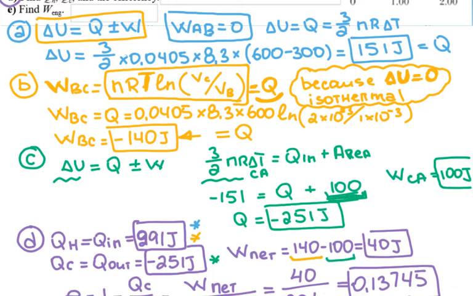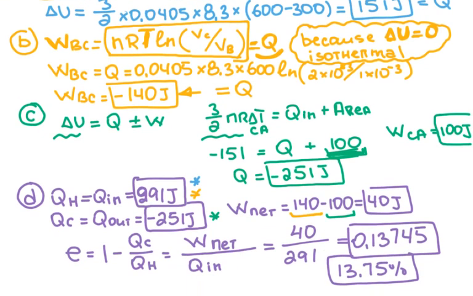So the net work is 40. And now if I use the efficiency formula, I can use either formula. I chose this part, and I get the efficiency of the engine is 13.75.